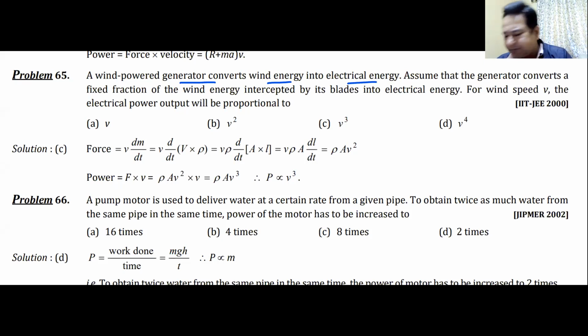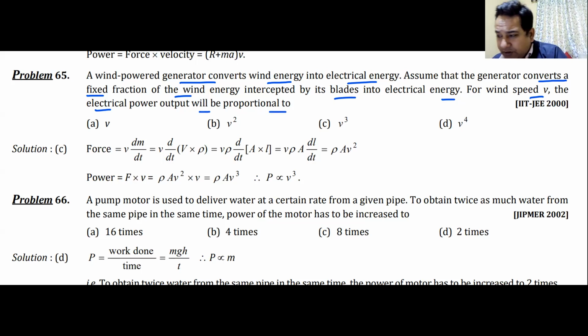So this is just like a windmill. It rotates and it converts wind energy into electrical energy, assuming that the generator converts a fixed fraction of the wind energy intercepted by its blade into electrical energy. For wind speed v, what would the electrical power be proportional to?